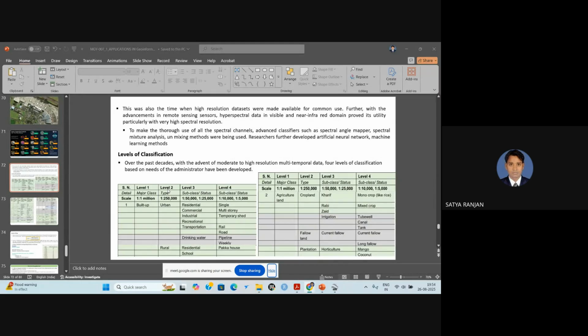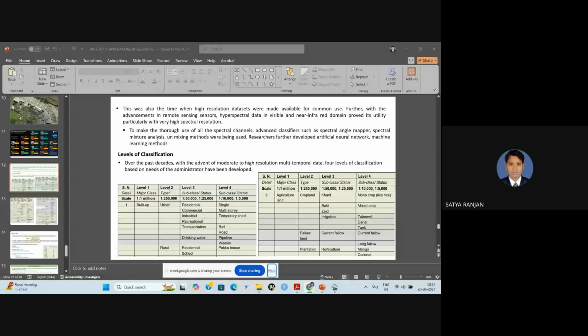Based on the spatial resolution, we have some limits; we cannot go beyond this. Suppose there is high resolution data, we can create 10,000 scale or 5,000 scale mapping. It is very high resolution.